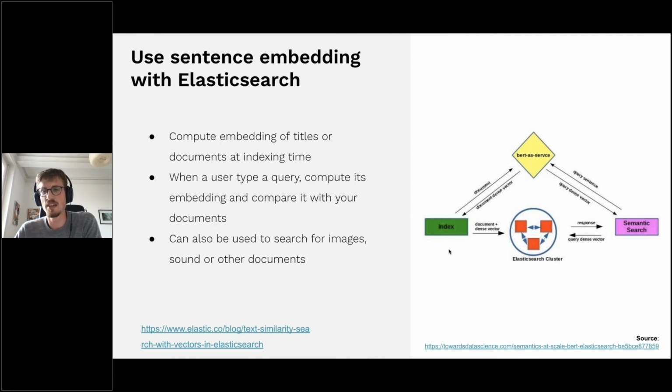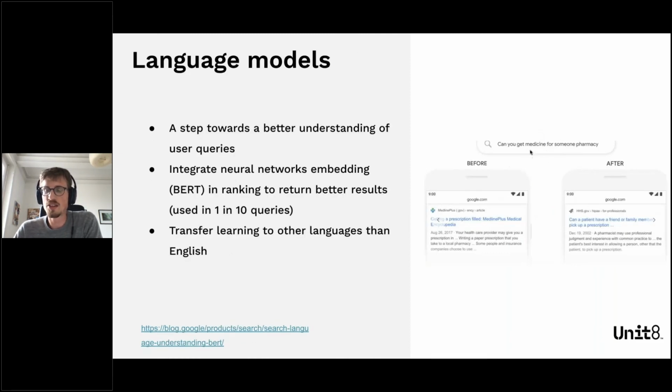And that's how you can really not just look for words, but look for meaning, because these two would probably be very close in this vector space that you generated with the language model.